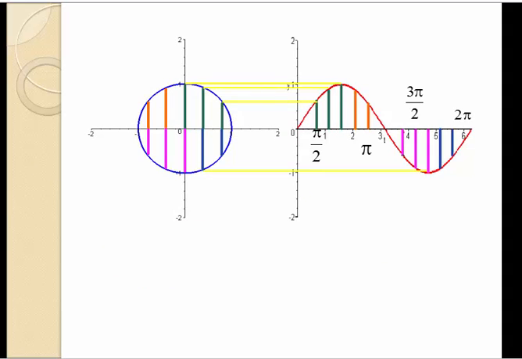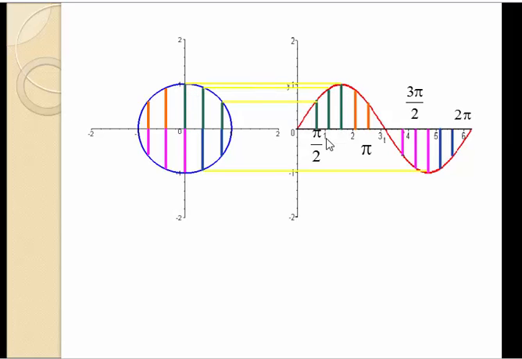Here was a picture that one of the textbooks I was using one time had that shows particular values matching up. So here's one complete period of the sine graph. If you start at the point 1, 0 on the unit circle, where the rotation is 0, the sine value is 0. And then when you rotate all the way around to pi over 2, you get to a height of 1.